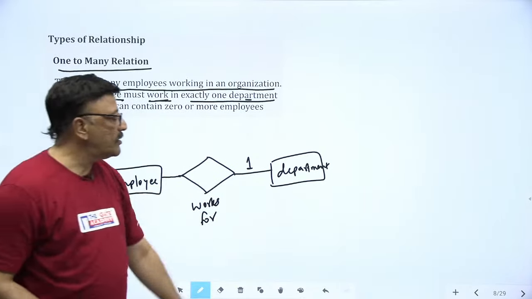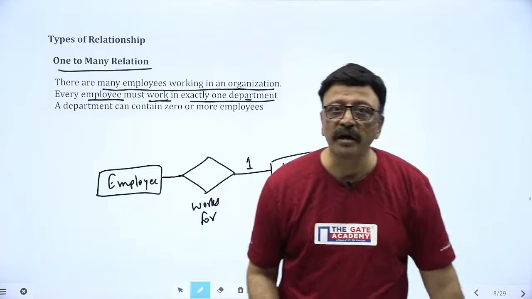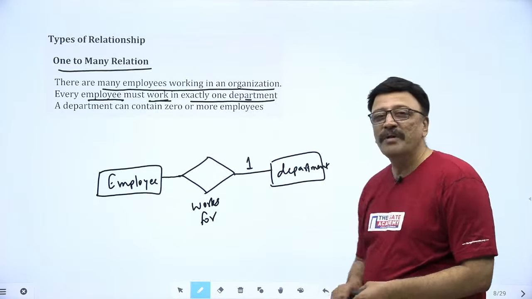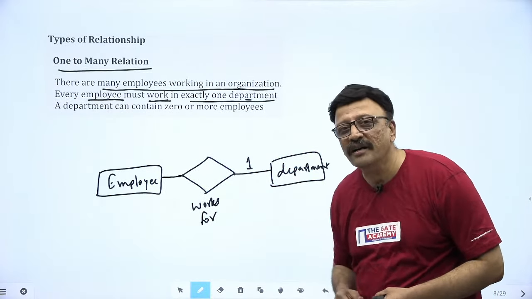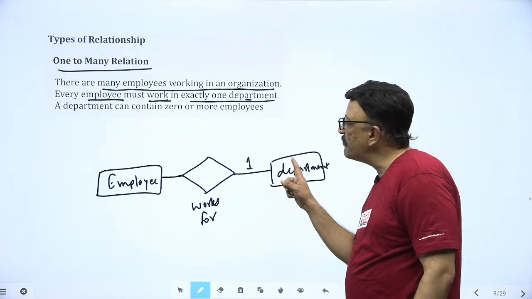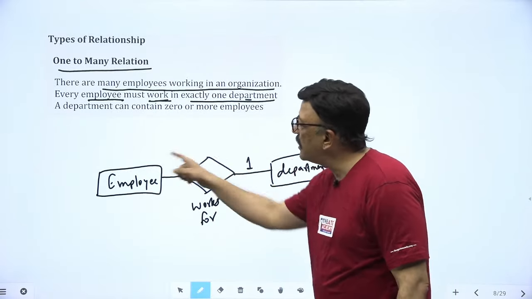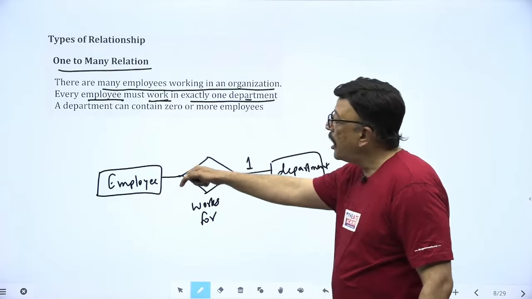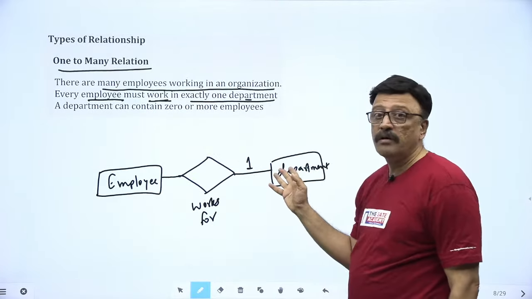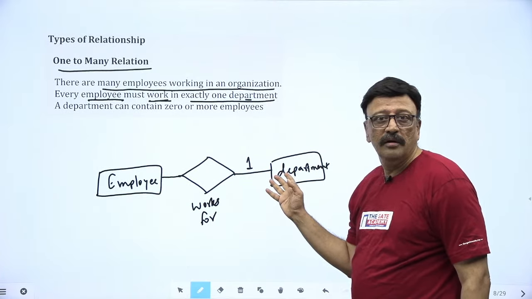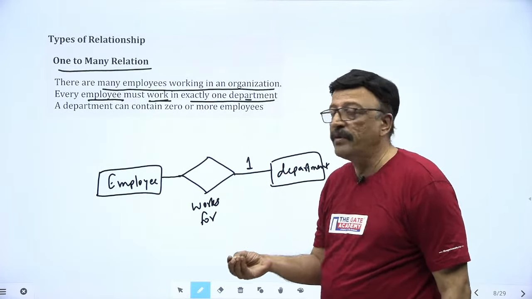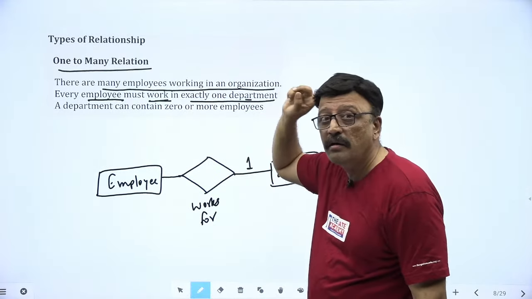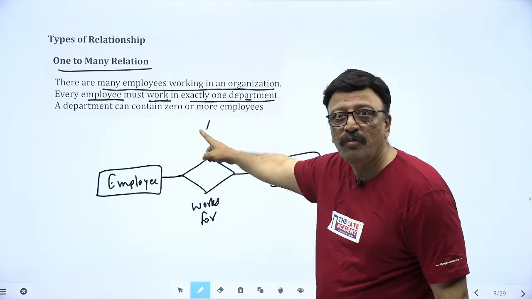What about the department? It's very difficult to ask a department, but imagine you ask the accounts department how many people are working. The accounts department will say E1 is working, E2 is working, E3 is working, E4 is working; 100 employees are working in the accounts department. The statement says a department can contain 0 or more employees.